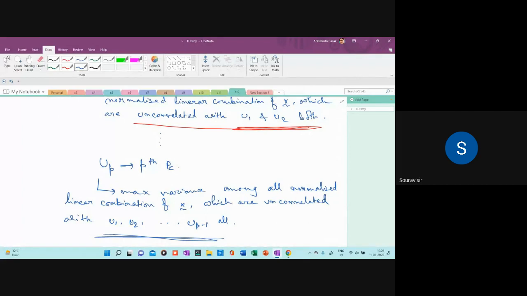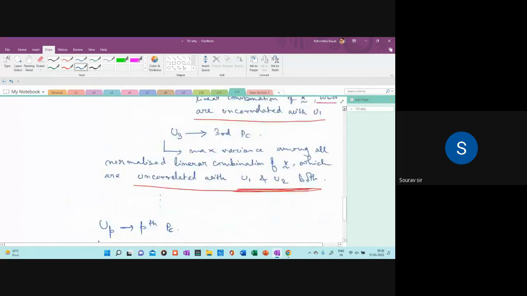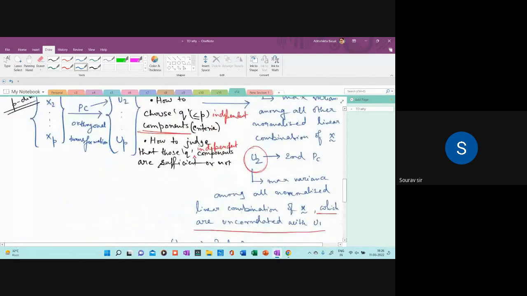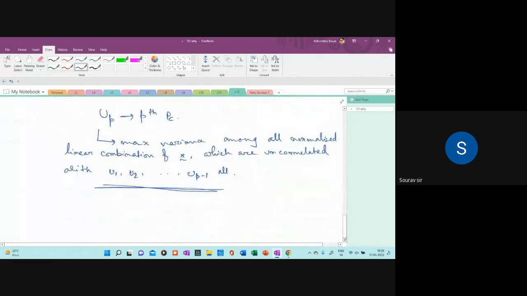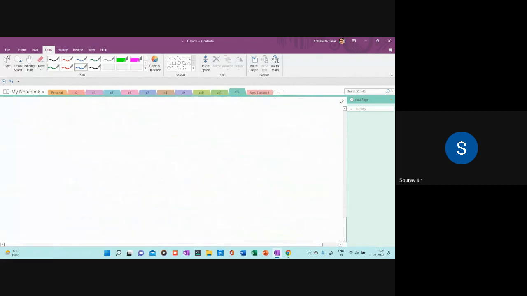Do we need to choose all the P components? How to choose these Q components, where Q may be less than or equal to P? That problem we have sorted out and answered. But how to judge whether the number of components we have chosen, Q or R, whatever you say, is sufficient to represent my data set X?